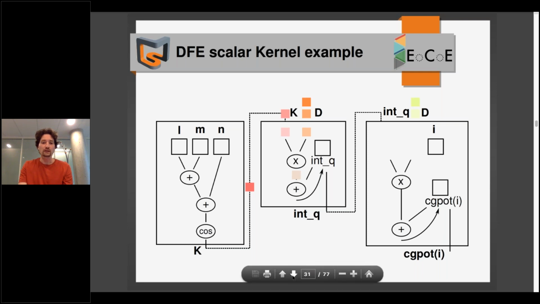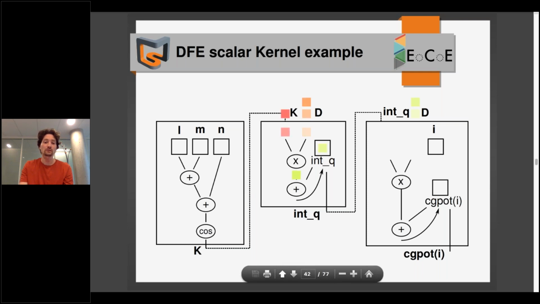Next clock tick, I will have my first value of Q, and I will be able to accumulate all these values while passing through the different atoms. Now the atoms of the melt are coming here and I'm accumulating values here. Atoms of the wall are now entering the FPGA, and I'm accumulating here.